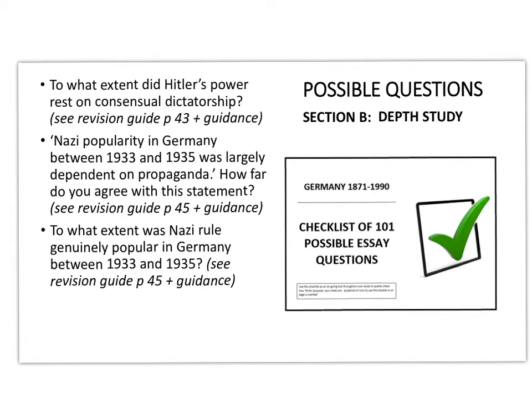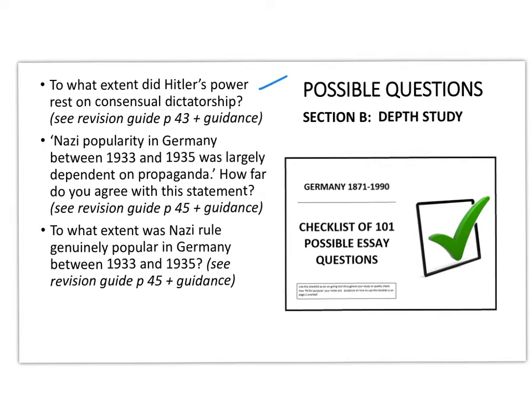In section B: to what extent did Hitler's power rest on consensual dictatorship? Consensual dictatorship basically means that his dictatorship was supported by popular consent, in other words, by popular support. So that's all about support and opposition.